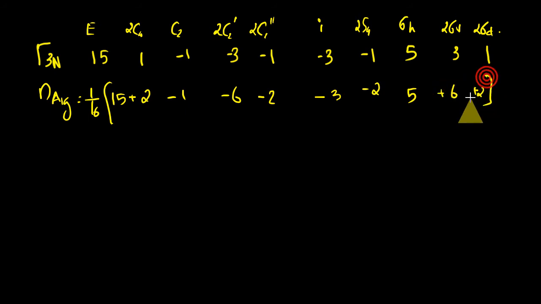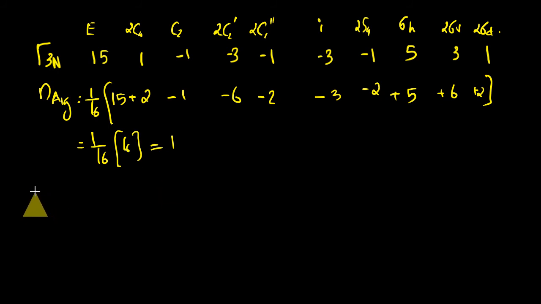That is equal to 1 divided by 16 into 15, 17. 17 minus 1 is 16, 16 minus 6 is 10, 10 minus 2 is 8, 8 minus 3 is 5, 5 minus 2 is 3, 3 plus 5 is 8, 8 plus 6 is 14, 14 plus 2 is 16. So 16 by 16 is equal to 1. So n A1g is equal to 1.